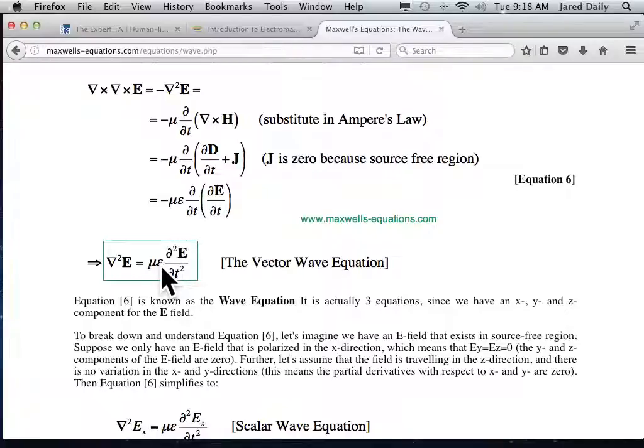You get 1 over the square of the speed of light, but that's neither here nor there. Anyway, you get the speed of light eventually. And this is important because this part of this equation tells you the speed of the wave that this equation is describing. So this should be the square of the speed of the wave, and it turns out it is exactly the speed of light.